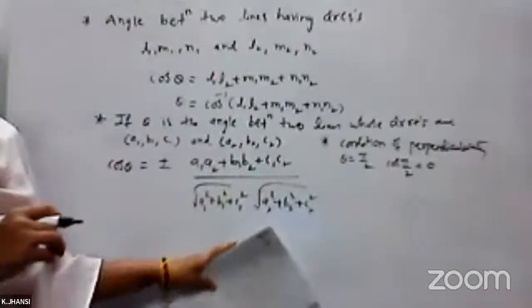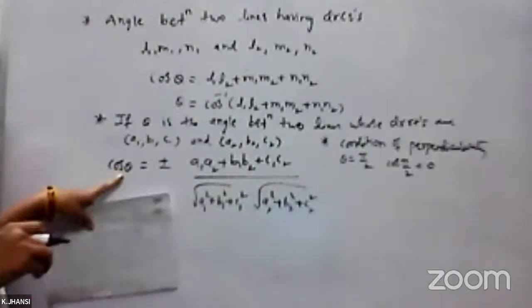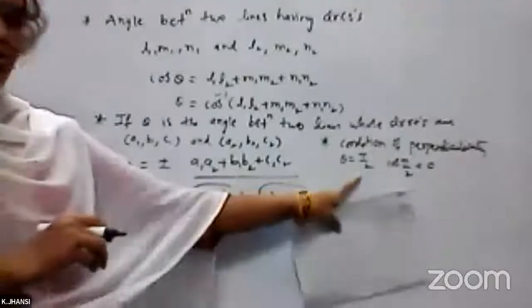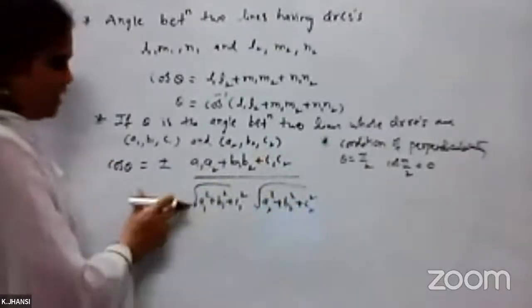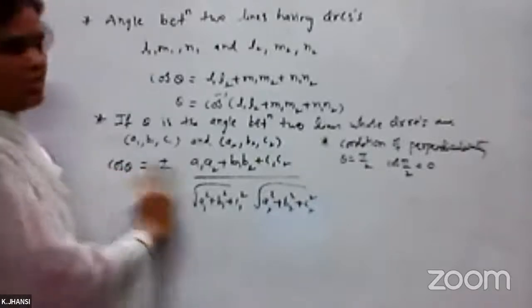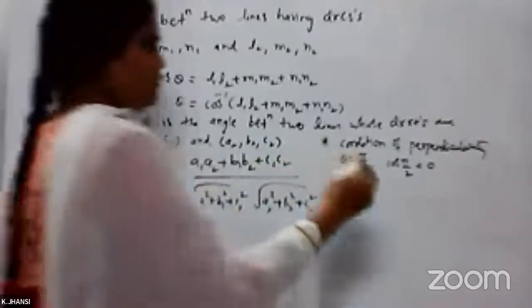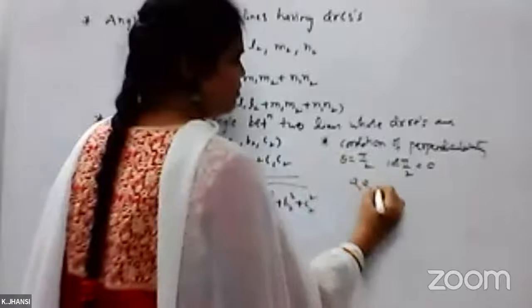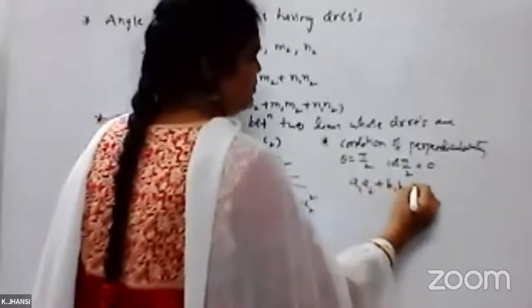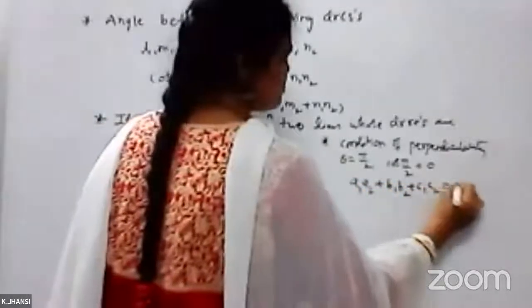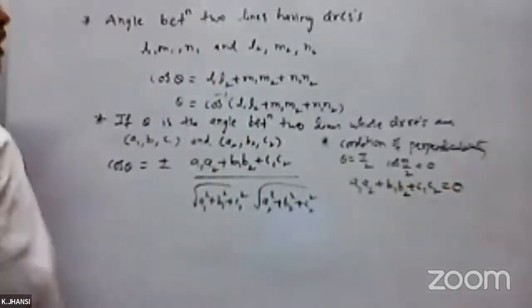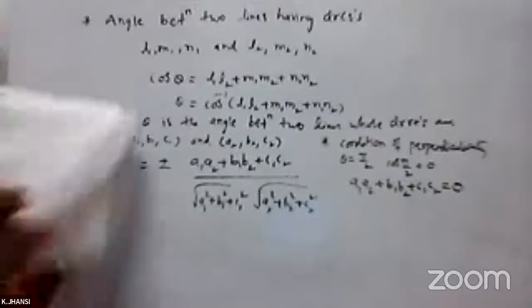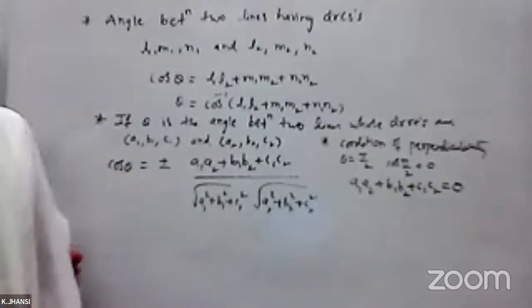So when you put theta as pi by 2, this 0 equals the formula, and when you cross multiply, the denominator goes away. The left side is only A1 A2 plus B1 B2 plus C1 C2 equals 0. This is the condition for perpendicularity when two direction ratios are given.